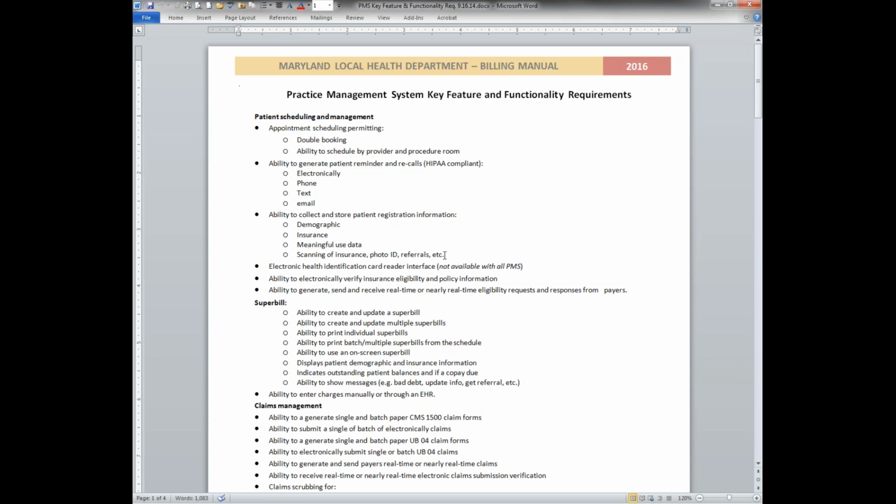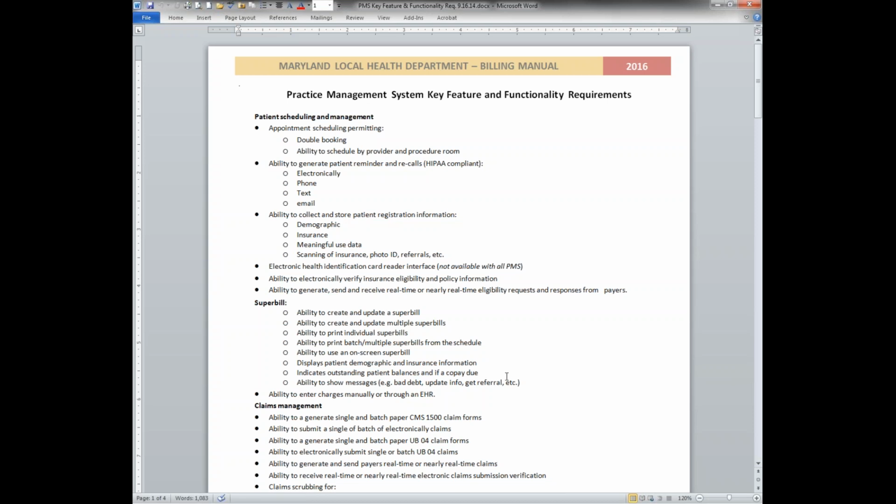And with the super bill, the ability to create and update multiple super bills, the ability to print individual super bills, the ability to print batch multiple super bills from the schedule, the ability to use an on-screen super bill, displays patient demographic and insurance information, something that indicates outstanding patient balances and if a copay is due, the ability to show messages, for example, bad debt, updating information, getting referrals.